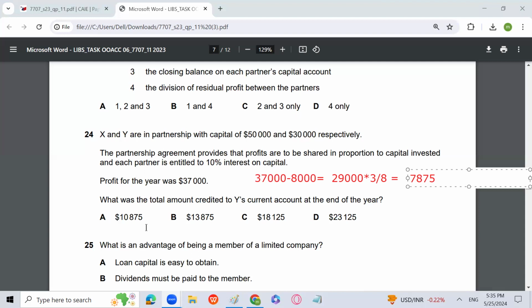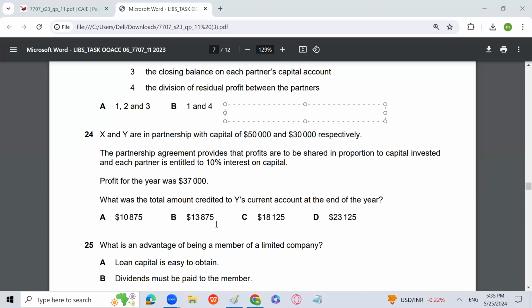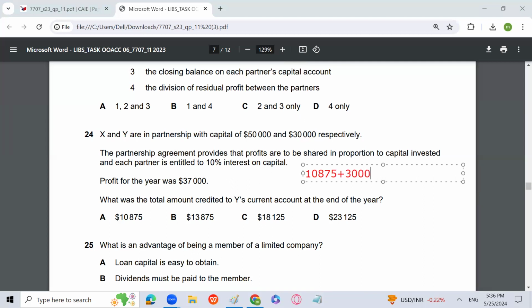Let me calculate it, because you put me in doubt. That is wrong, so your answer is going to be wrong. That's why, thank God, I have checked it. So the answer is going to be 13,875, because first you need the share of profit, that is 10,875, plus interest on capital, which will be credited in his current account, which is 3,000.